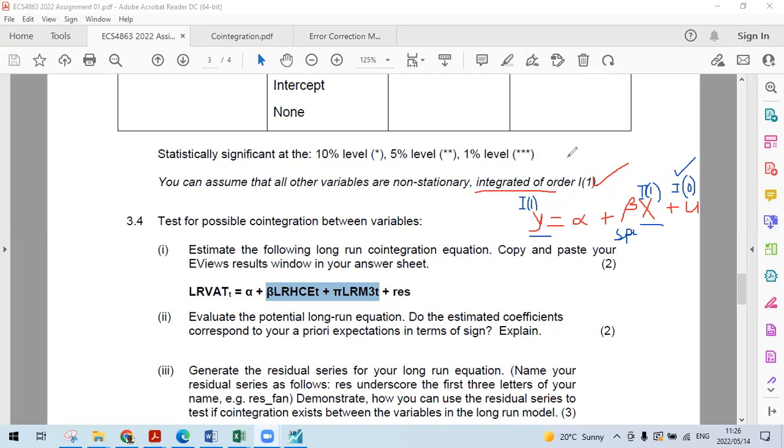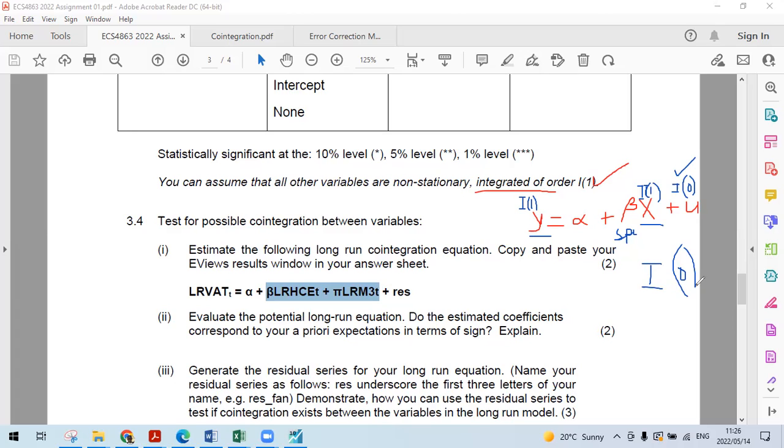By the way, if something is written as I(0), what's the meaning of it? If we say U is integrated of order 0, what's the meaning of it?